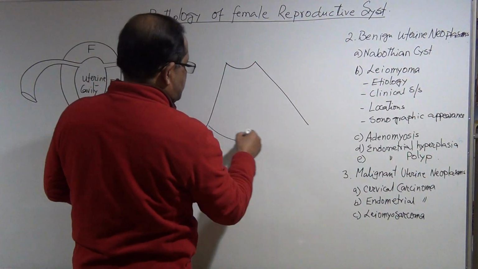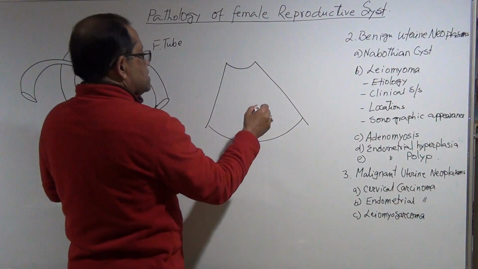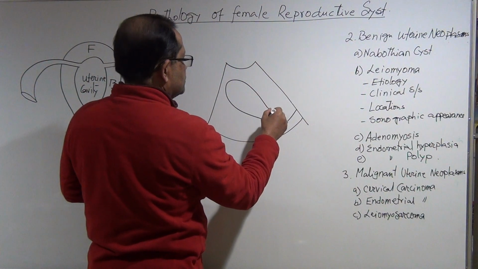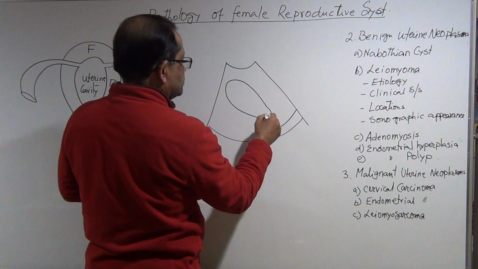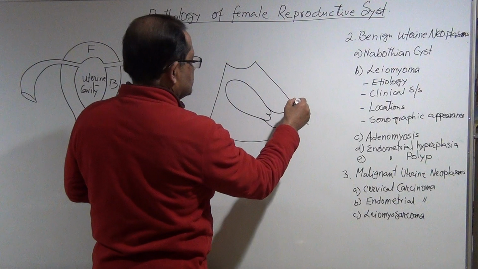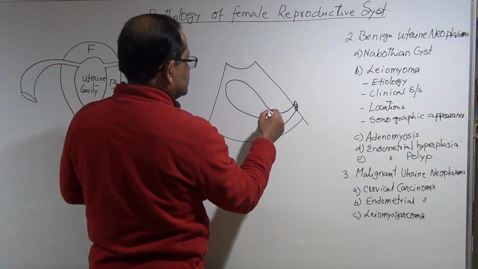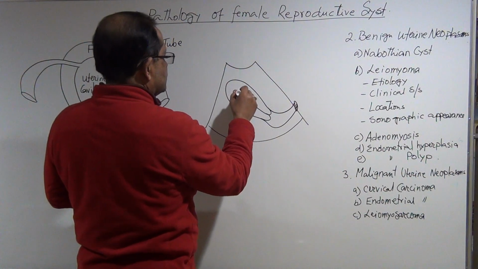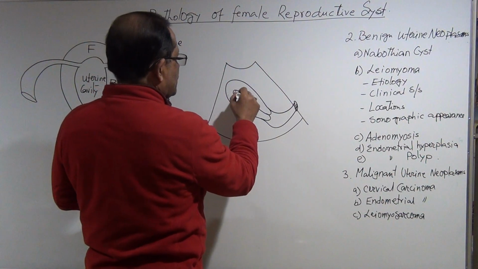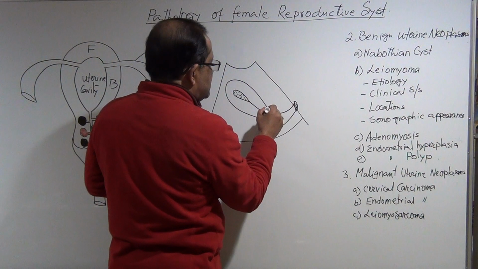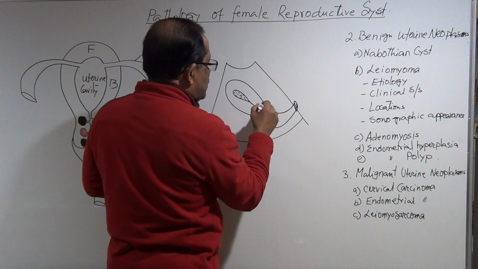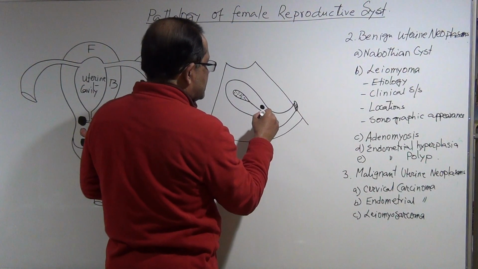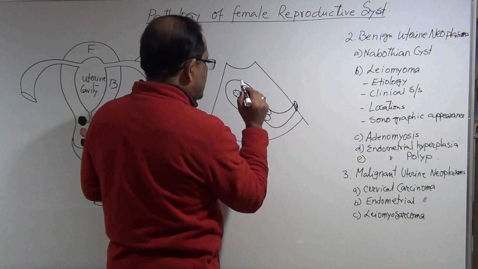These are the simple cysts. You might see one here, another there, another there.